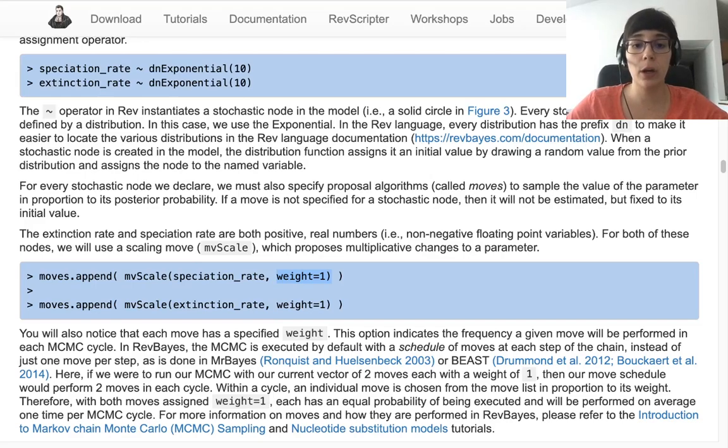Now here, this is a reasonably simple parameter to estimate, as we said, in comparison to complex things like the tree topology. It's not very hard to mix. So we're going to set a reasonably low weight for estimating both rates.